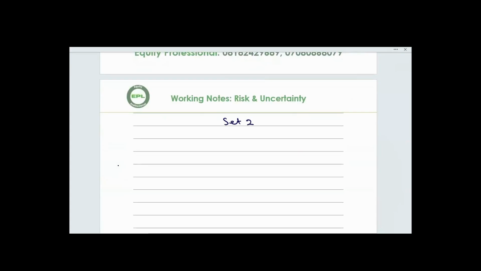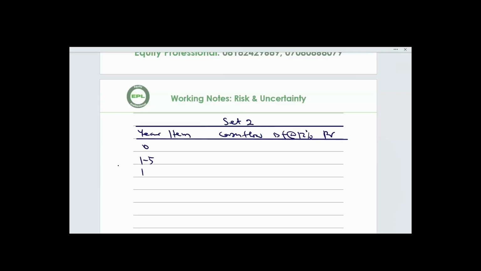For set 2, we can set up the NPV the same way as set 1. Create a column for year, description of items, cash flow, discount factor at 12%, present value, year 1 to 5, initial outlay, revenue, then running costs.